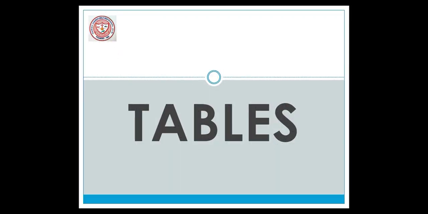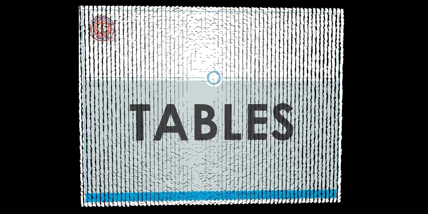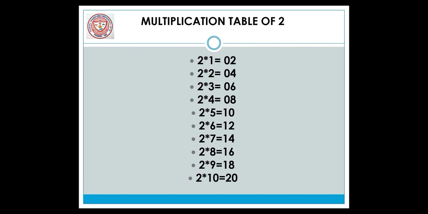Today's second topic is tables. Now we will start multiplying from 2 to 5. And I also hope you have learned the tables till 5. Let us revise once again.